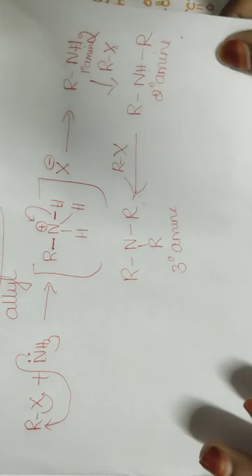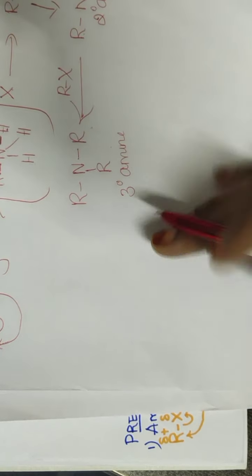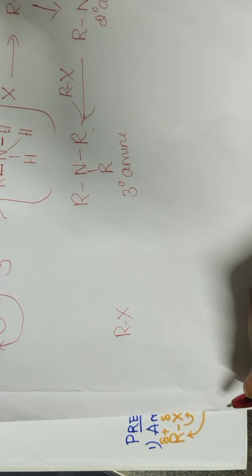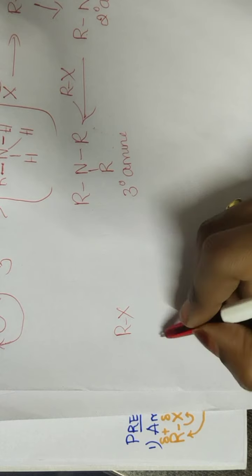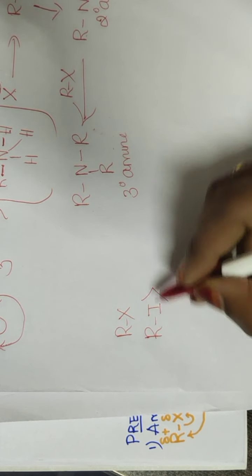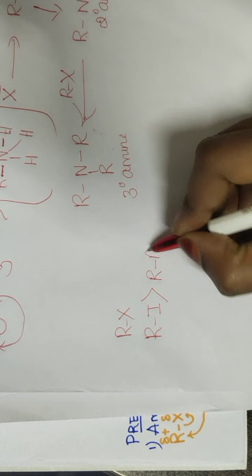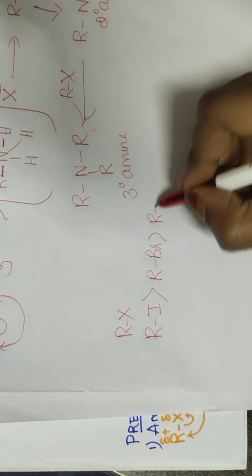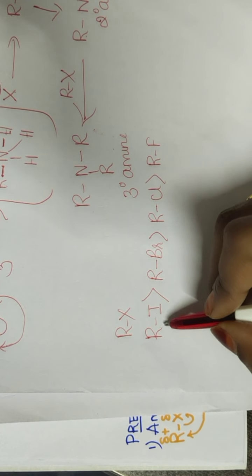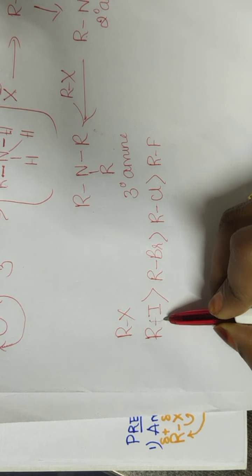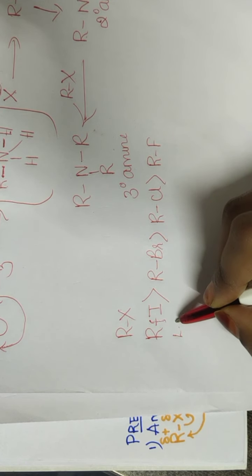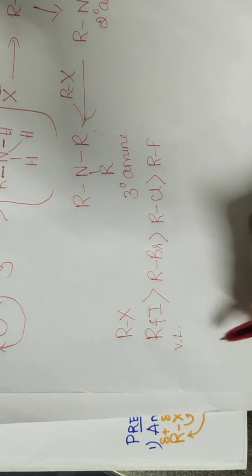Apart from that, we should know the reactivity of the alkyl halide. It is said that RI will react faster when compared to RBr, then RCl, then RF. Why is it so? Because the bond dissociation enthalpy for RI is very low. Why is it very low?